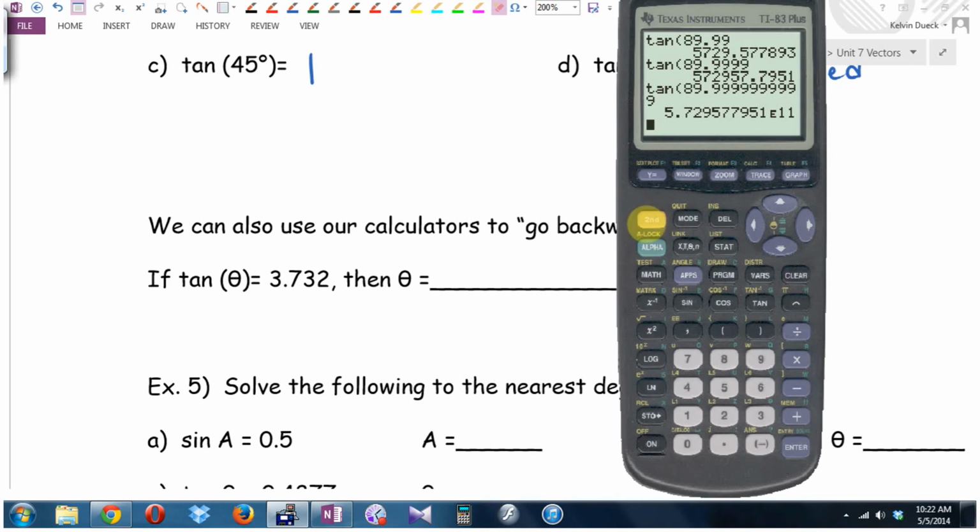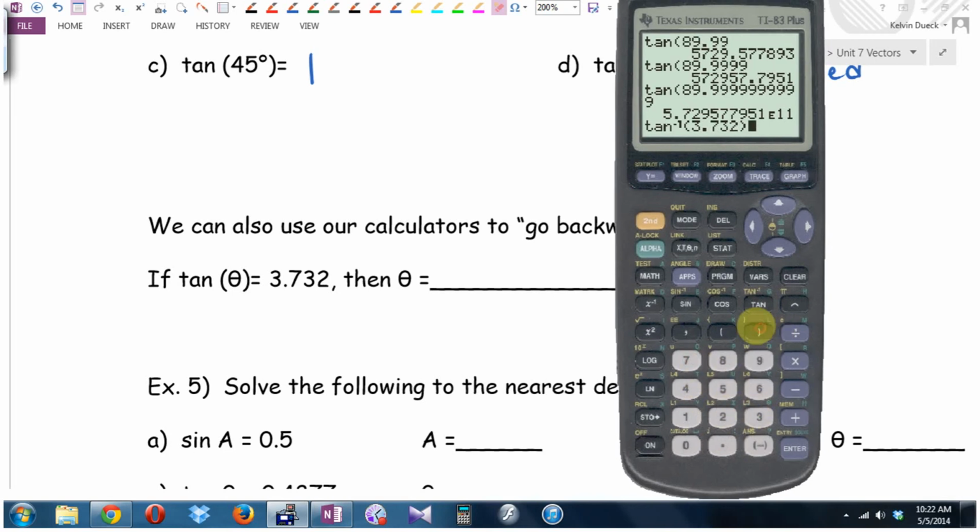Second function is what mine is called. Shift is what some of yours is called. Inv is what some of yours is called. Those are the big 3. And what you can do then is go inverse or second function tangent. Type in the value that they gave you. That second function, that shift, tells your calculator we're going backwards. This time I'm going to give you the decimal value, and I want the angle that it came from.